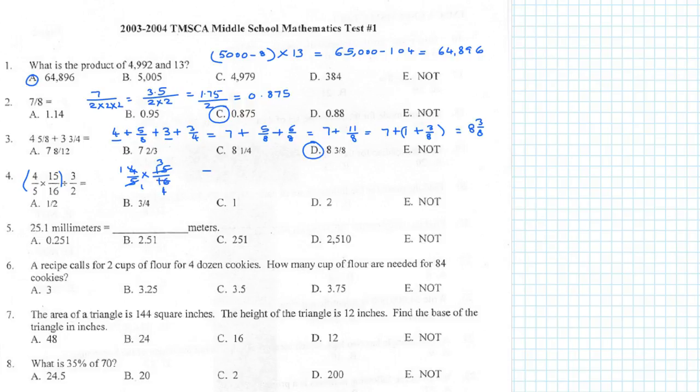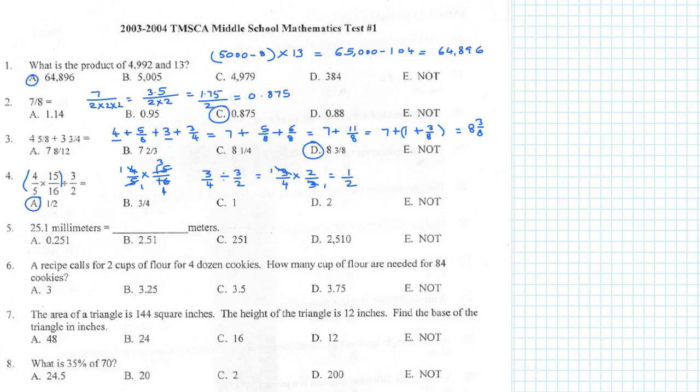So we have 3 over 4, which is divided by 3 over 2. So this is the same as 3 over 4 multiplied by 2 over 3. So 3 divided by 3 is 1, and 2 over 4 is nothing but 1 over 2. So the answer is A.